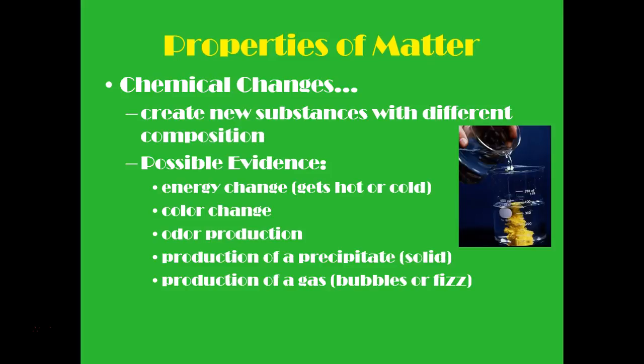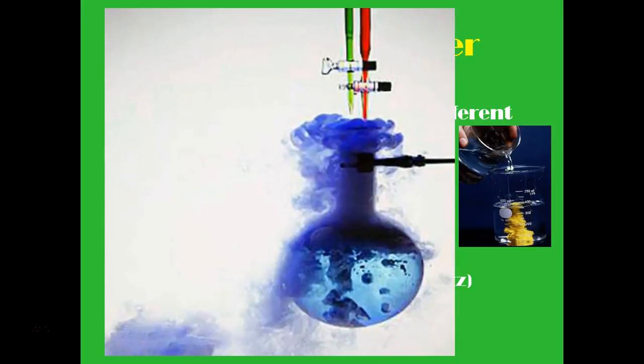If you see that phenomenon happen where you mix two liquids together and a solid is formed, that's called a precipitate, and that means that a chemical reaction has probably occurred. Also, if you're seeing a lot of bubbling or gas being created or fizzing, that is a sign that a chemical reaction has occurred. So all of those things go to show that you've got a chemical change occurring.